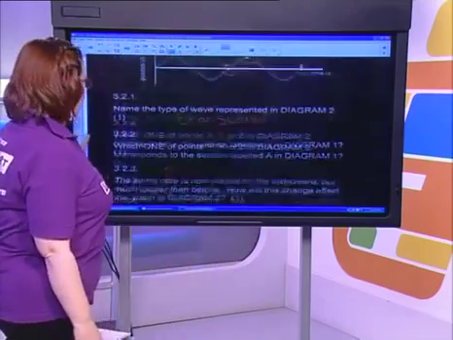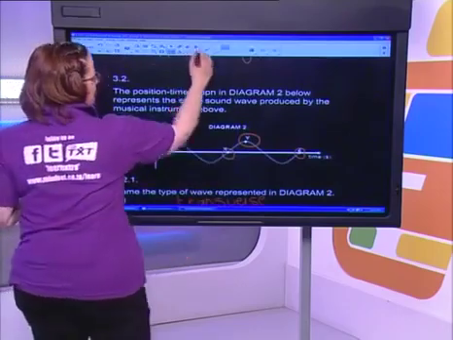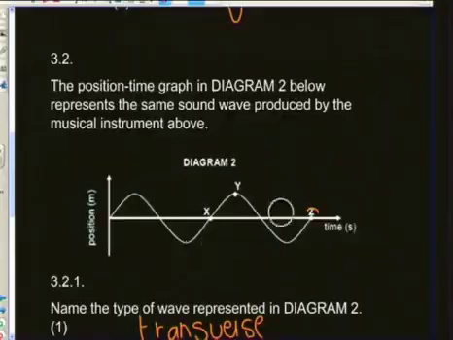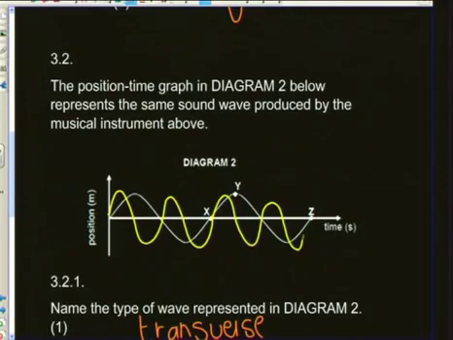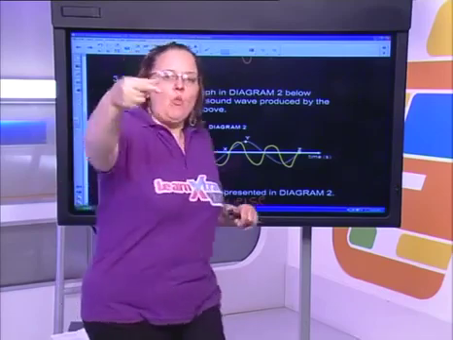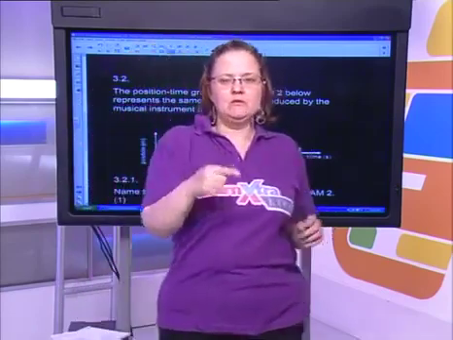So what would happen is, if it's the same note, if it's the same loudness, amplitude's not going to change, but what will happen, let's do it in yellow, the wave's going to do this. It's going to be more often. But it's the same height, okay? But it's more often. If it's more often, the wavelength is getting smaller.